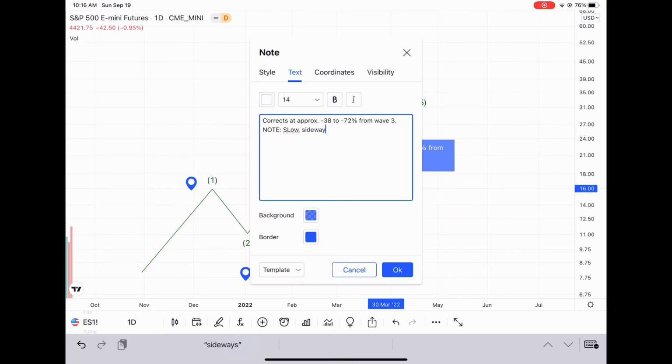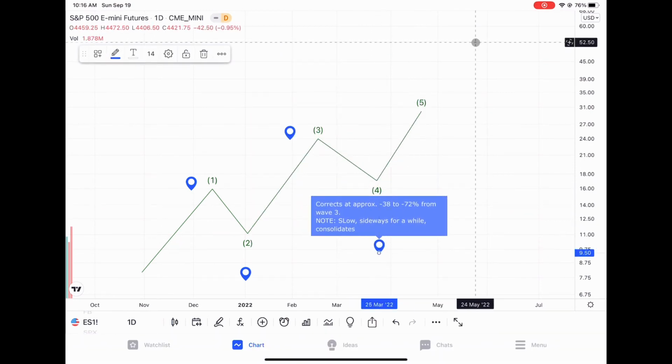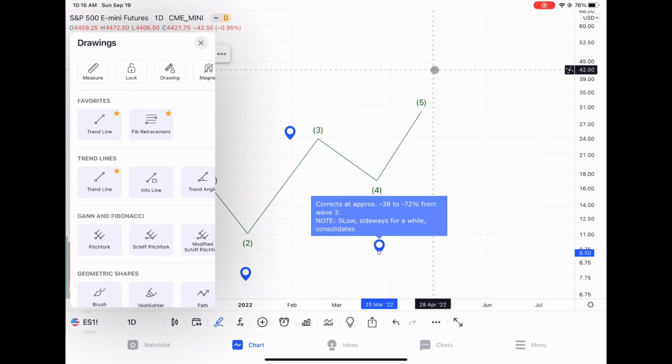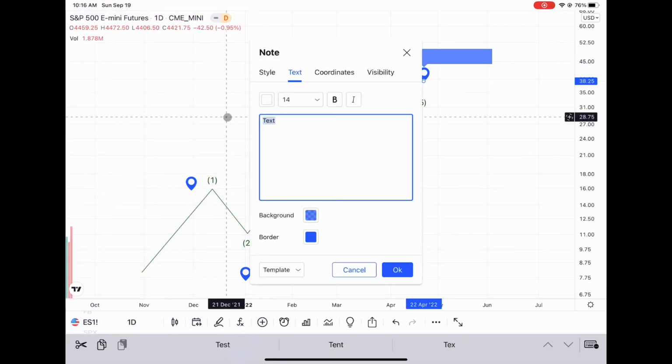Some things to note, that it's slow. It trades sideways for a while. You'll even hear people say it's consolidating or whatever, right? That's what they're talking about. And wave 5 is pretty simple.